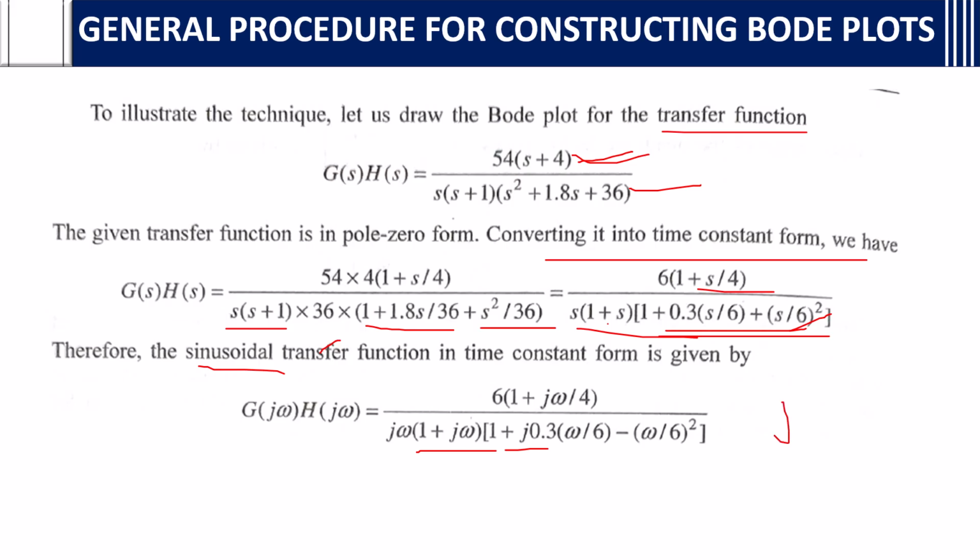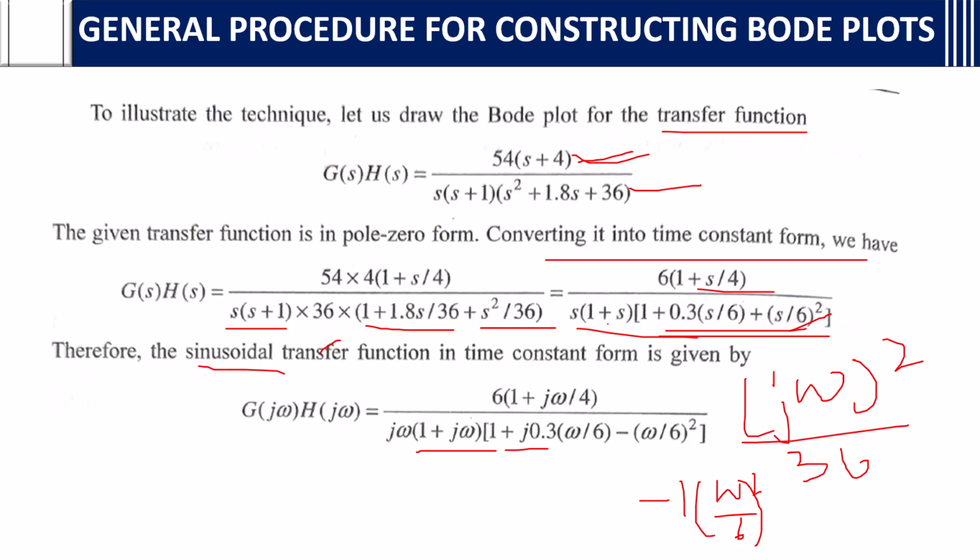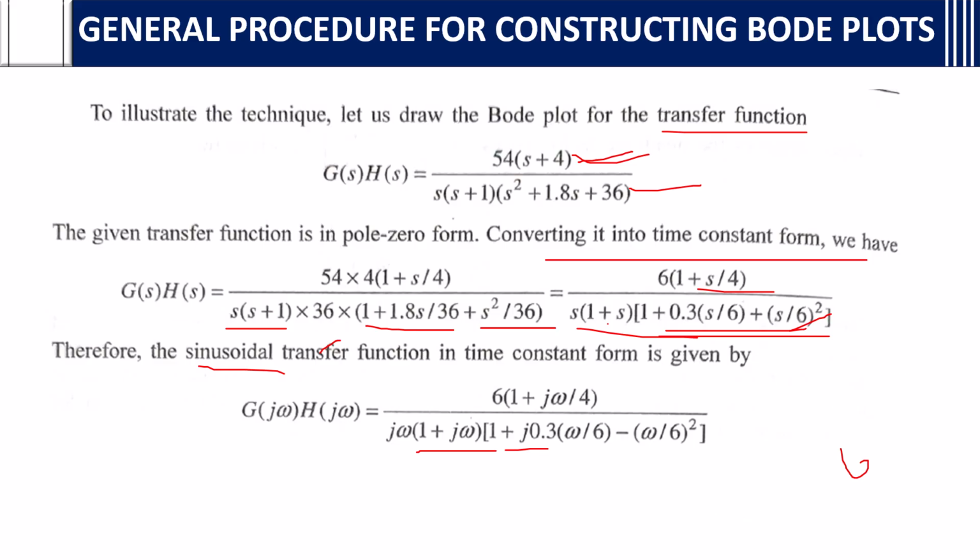Why minus? Because in place of s, if you put j omega, whole square by 36, j square is minus 1, so minus omega by 6 whole square is the final one.